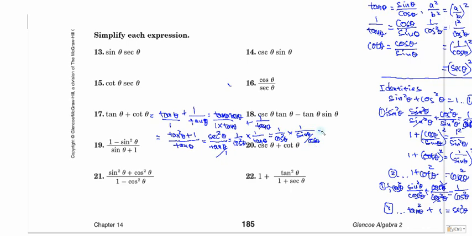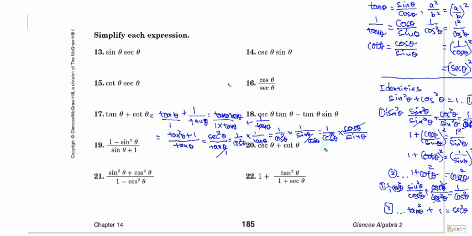Now I'm going to flip this up. So 1 over cosine square theta times cosine over sine theta. So this cosine square theta, we can cancel with this cosine theta.